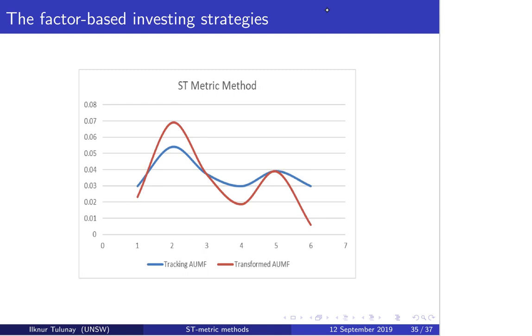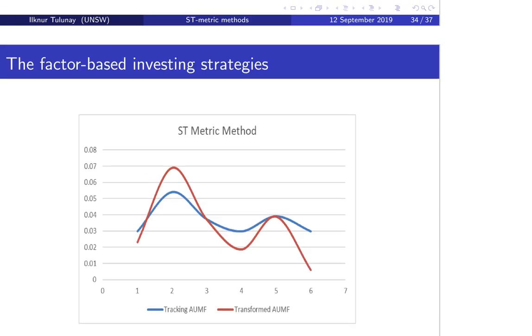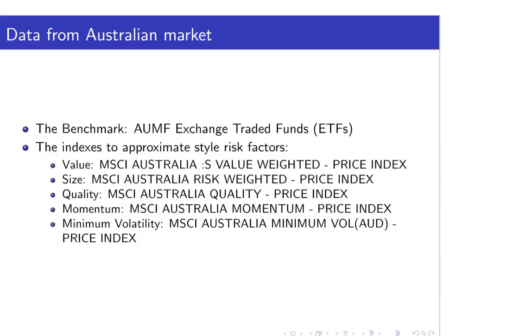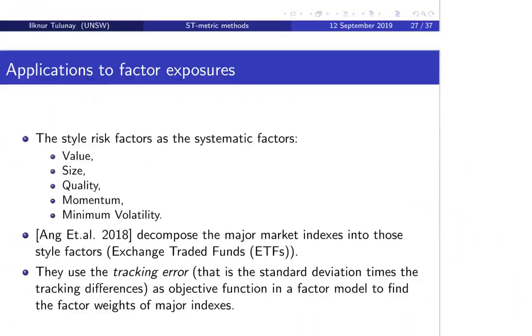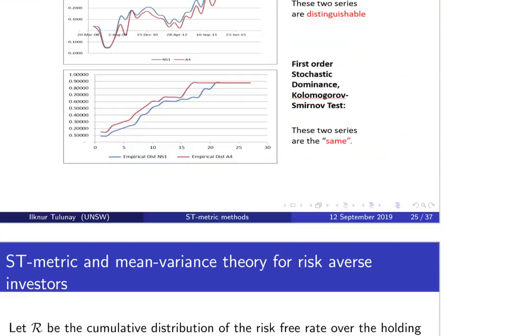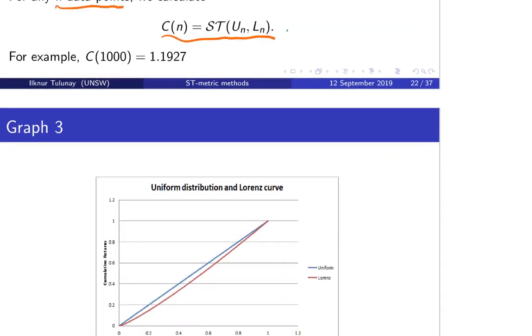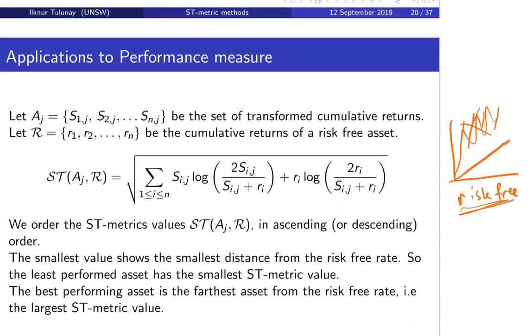This is understandable given that the ST metric is really very sensitive to the fluctuations. This really comes from the theory, which shows that this is what is going on.